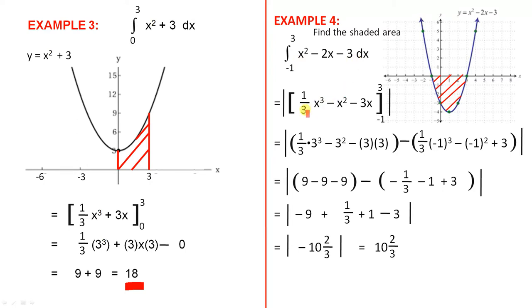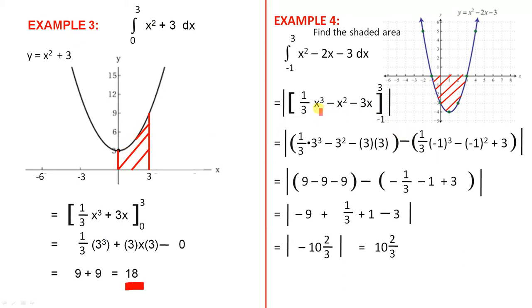We integrate that section between -1 and 3. Now, since we're finding the area, we have to find the absolute value. Because this area is under the x-axis, it will turn out to be negative if we just do the calculation. But we're actually asked to find the area, the shaded area, so that's why we have to use absolute value. I'm sorry I didn't indicate here that we're finding area, but that's what we're doing here too. We're actually finding that area.